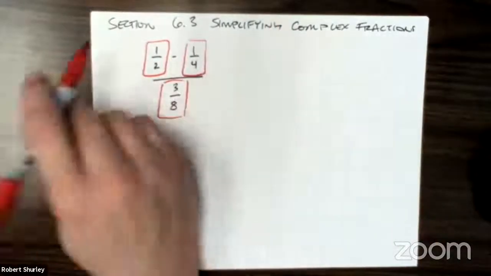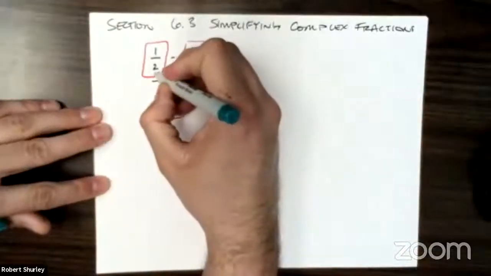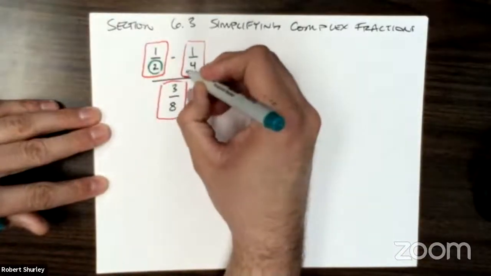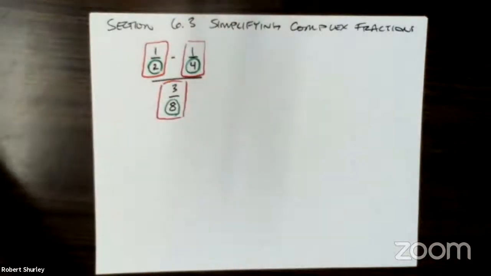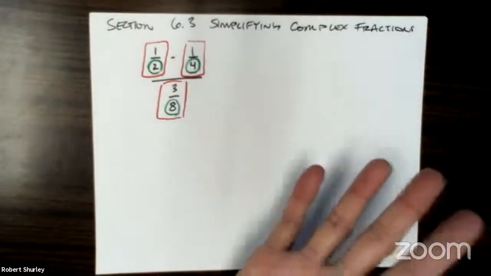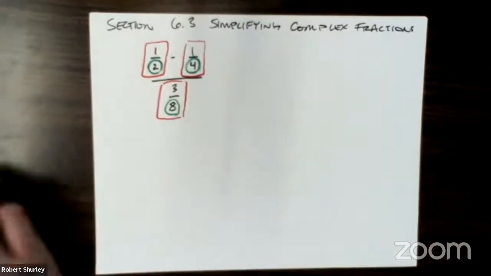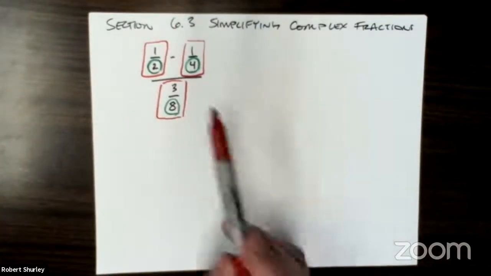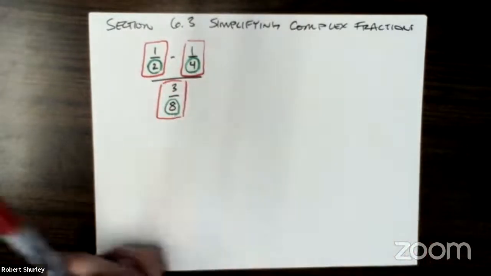The denominators here are 2, 4, and 8, right? The least common denominator is the smallest number that all of these can divide into evenly. It's going to be 8 for this one. 2 goes into 8, 4 goes into 8, and 8 also goes into 8, of course.